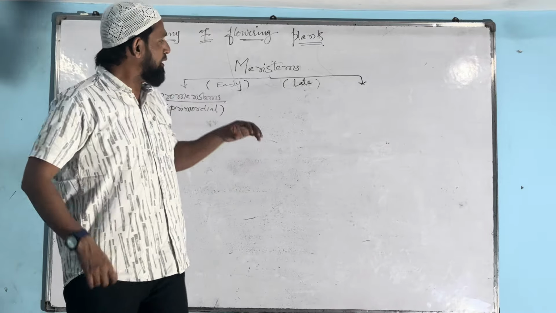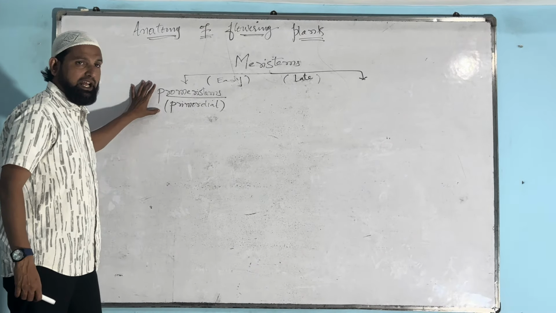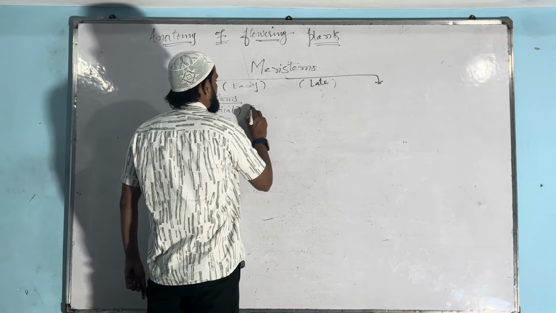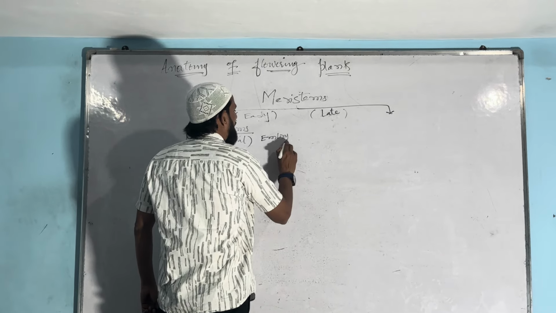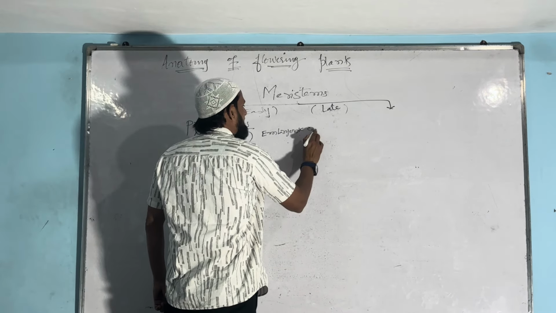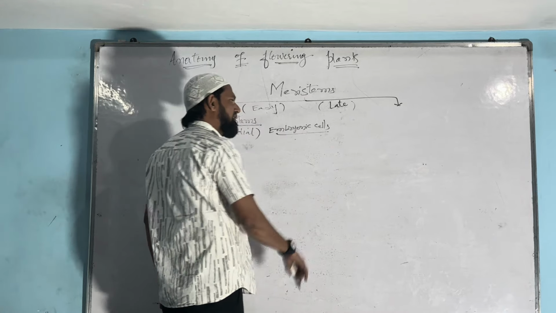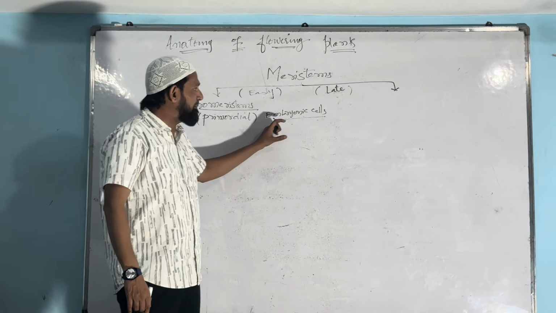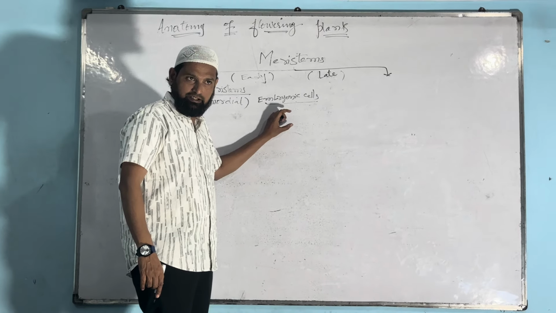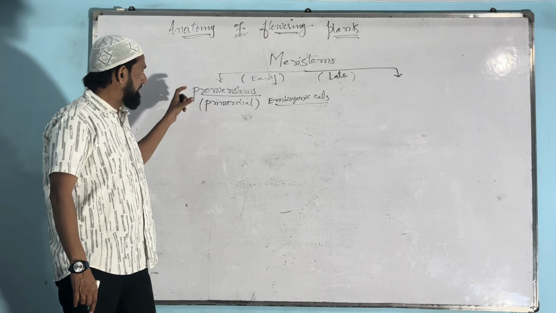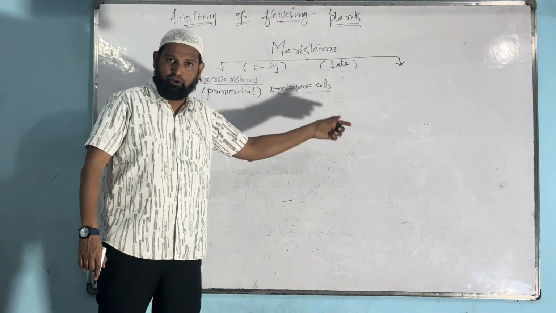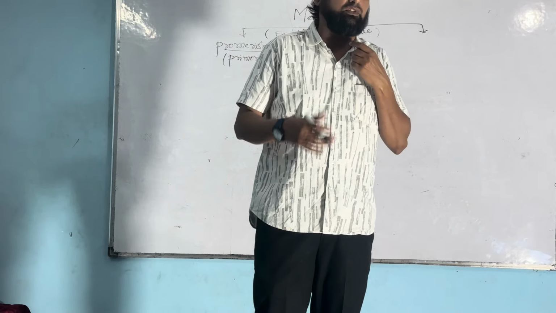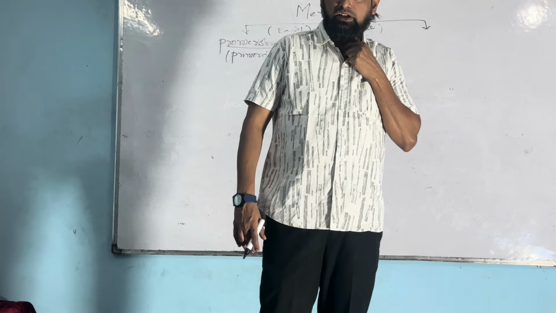So here promeristems, or primordial meristems, are related with what? That is, embryonic cells. Now see here, through those embryonic cells, as we know, the seed forms.